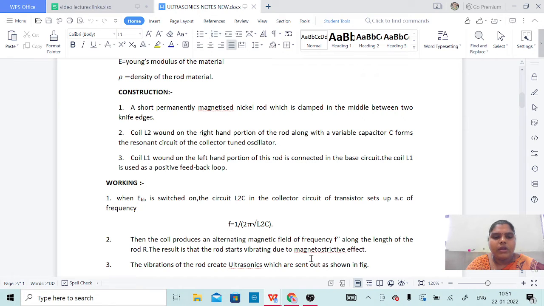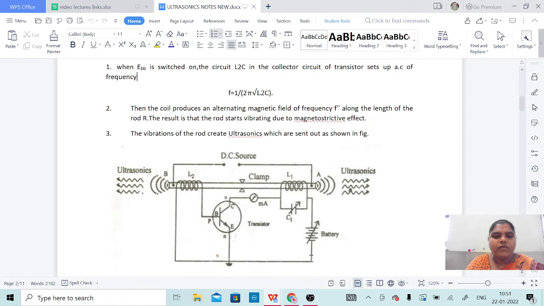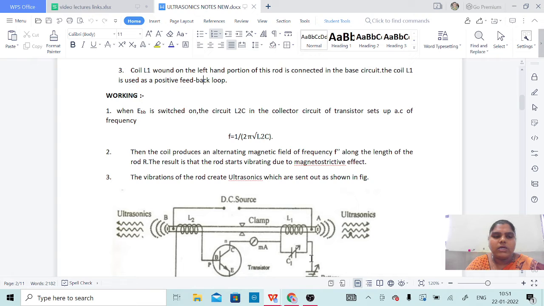Let us see how it will work. The working of the magnetostriction arrangement: when the battery is switched on, that means the circuit is switched on, the circuit L2C in the collector circuit of the transistor sets up an alternating current of frequency f equals 1 by 2 pi into root of L2C.